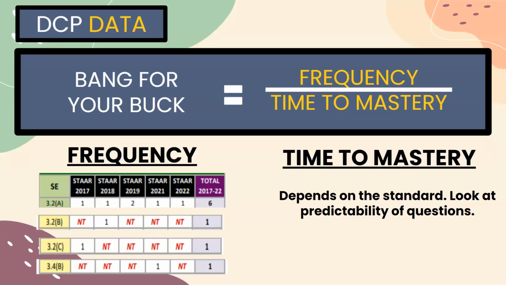Now, rounding on a number line is not quite as hard as when we look at 3.4b in a moment, but still, it's only been tested one time. It's something that's hard for third graders to grasp, so that's going to be something that I'm probably not going to go after. It's only been tested once. It's not really worth as much time as 3.2a. Notice these are all TEKs that we taught before this last DCP and were on your test, and that's one of the reasons we're looking at them.